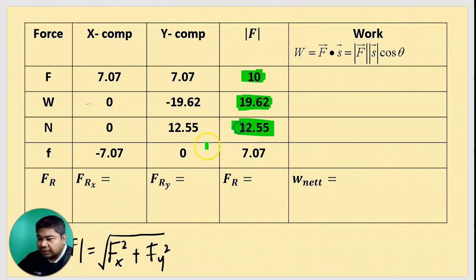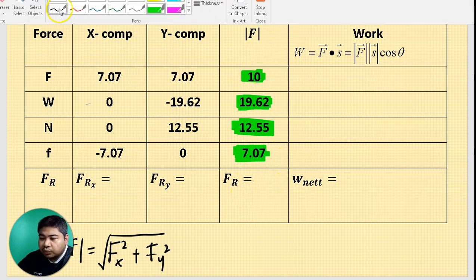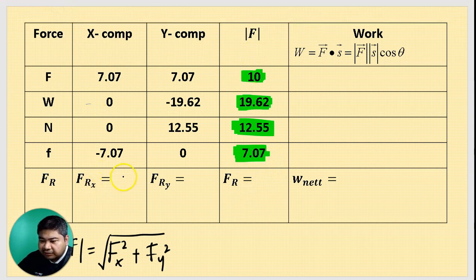So we have that, and then we have negative 7.07 squared plus 0 squared, and then square root all, you're going to get 7.07. In the last row, we have that FRx is 0, FRy is 0.